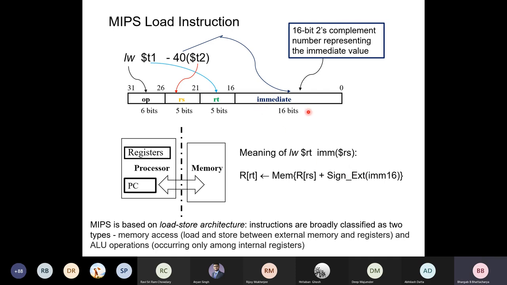Add the offset value to the content of this register to form the address of the memory location, and then access the memory by passing this address, retrieve the content of that memory location, and store the value in the destination register. So symbolically, it can be written in a short form like this. All right.